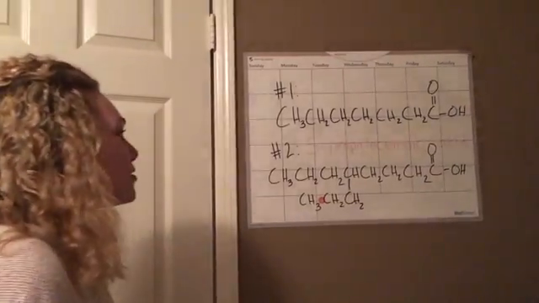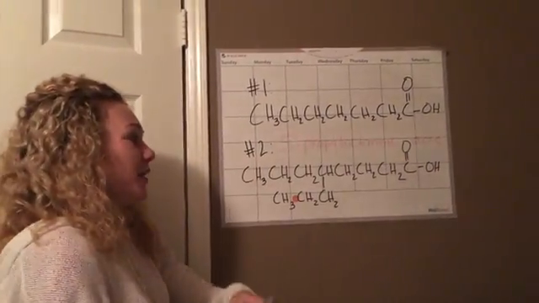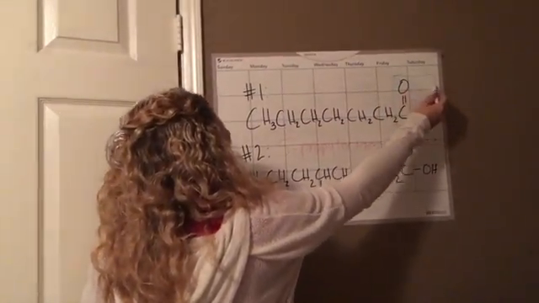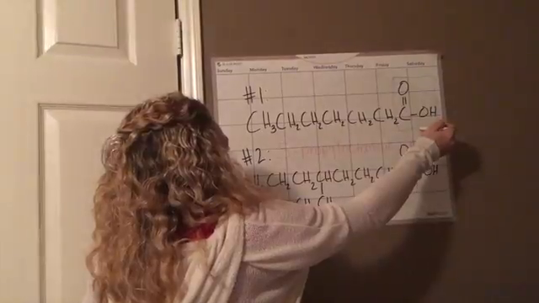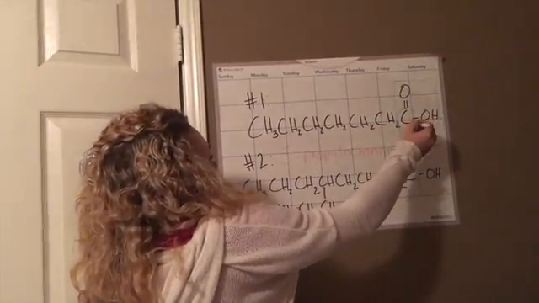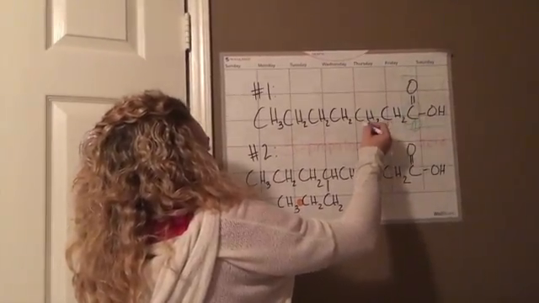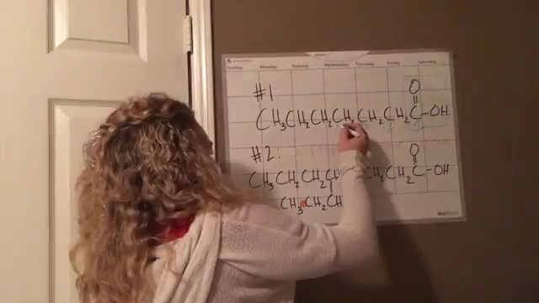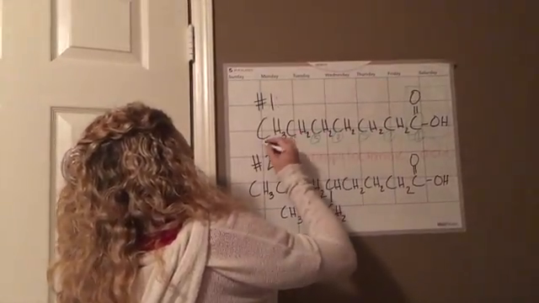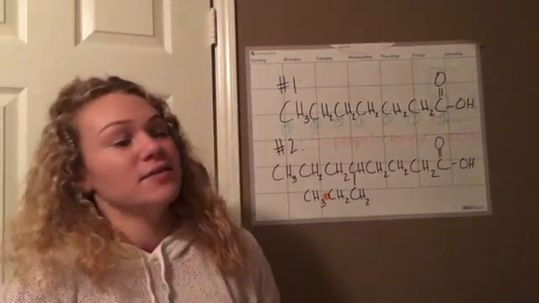So the answer to number 1 would be this structure right here, because if we start numbering at the carboxyl group, here is carbon number 1, 2, 3, 4, 5, 6, 7, which is heptanoic acid.